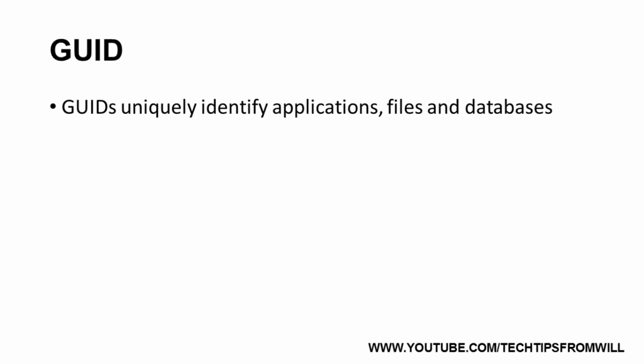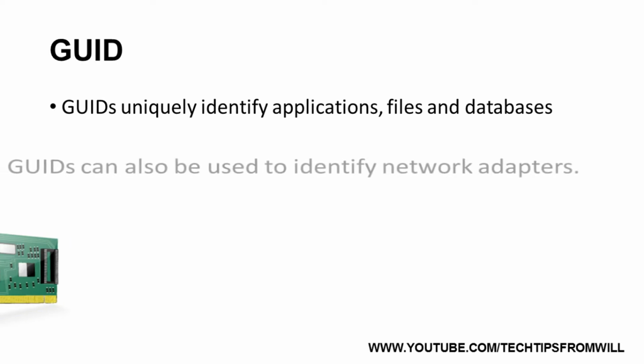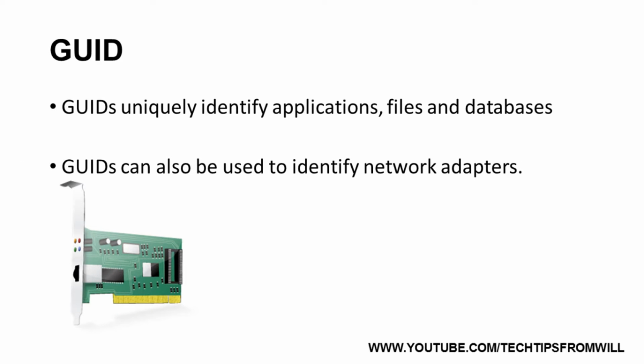A GUID, or Globally Unique Identifier, is another method of uniquely identifying the client computer. In the real world, GUIDs are used to uniquely identify a number of things, including software applications, files, and databases. GUIDs can also be used to uniquely identify network adapters.